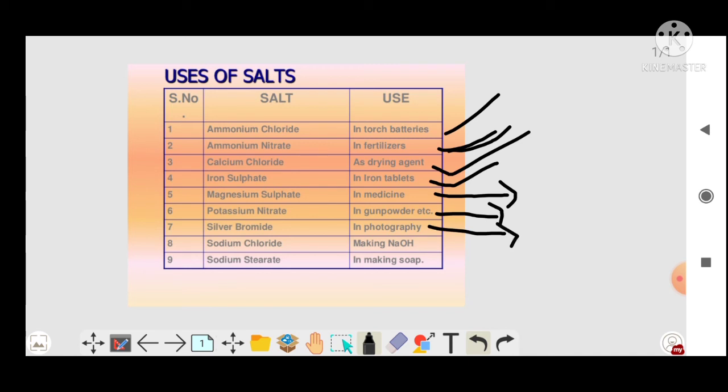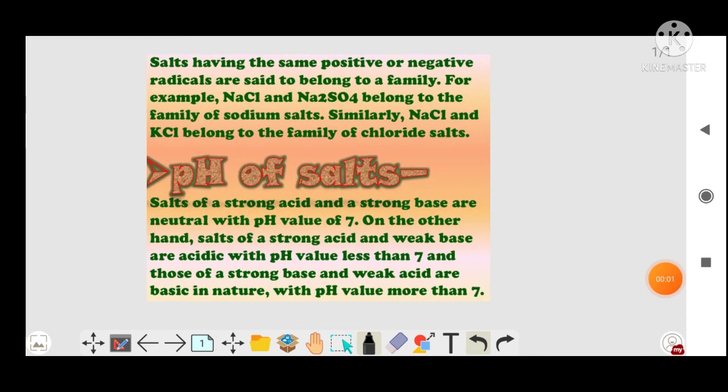सोडियम क्लोराइड मेकिंग सोडियम hydroxide. Okay, to make sodium hydroxide, sodium chloride salt is used. Sodium stearate: in making soap, sodium stearate is used. Okay, now how is the family of salts determined?